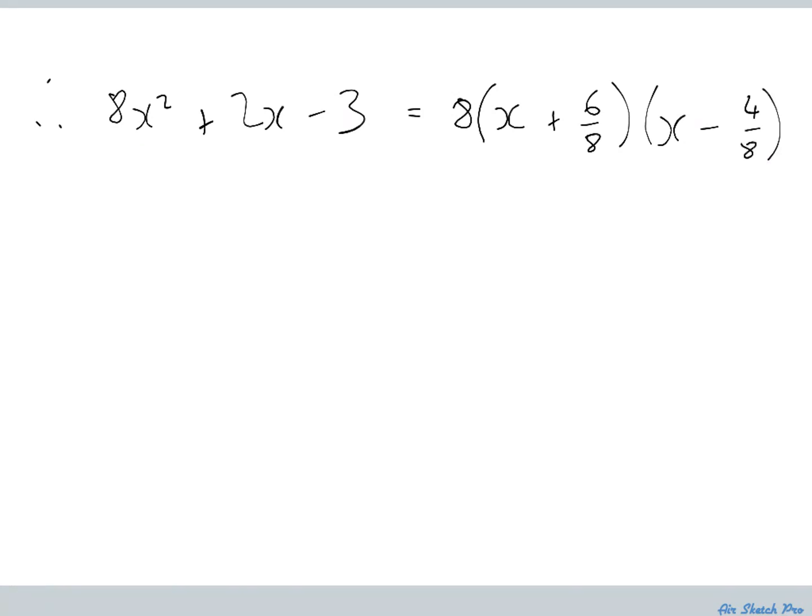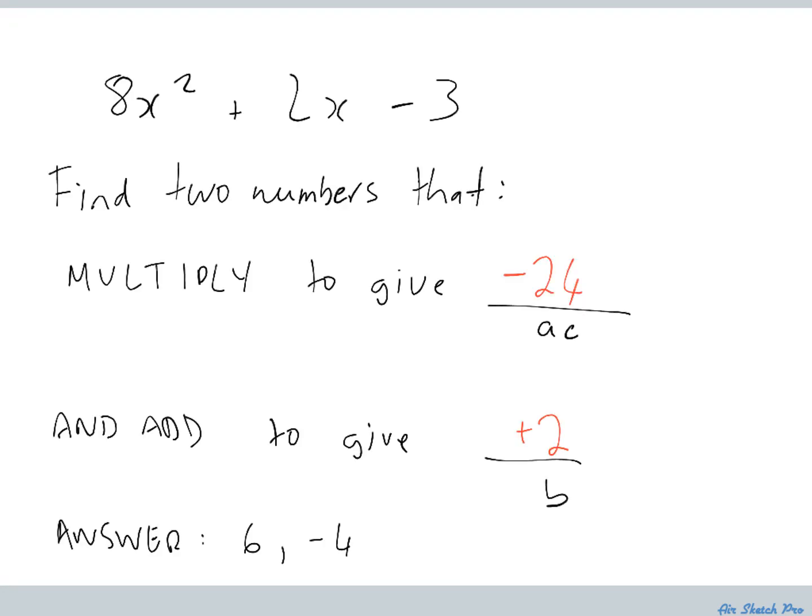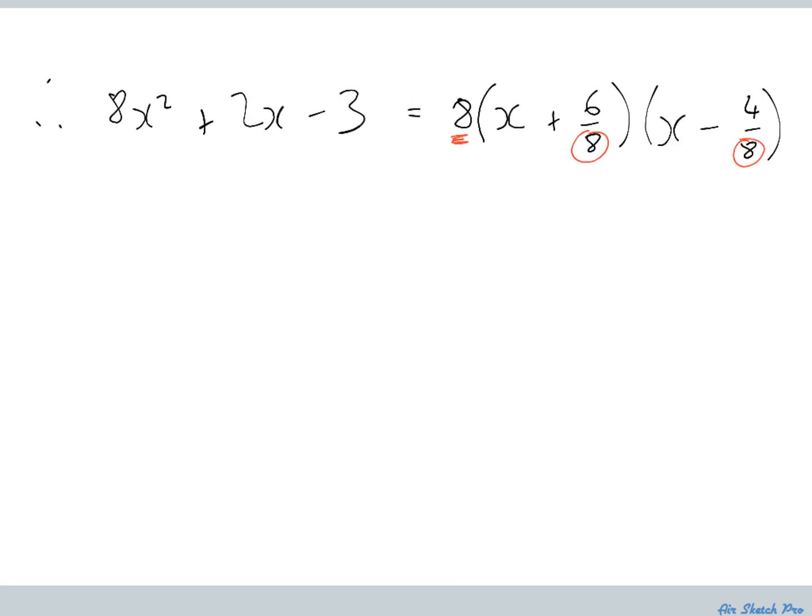So just to outline what I've done there, there's the 8, and the 8 gets repeated down here and here. The 6 and the -4 come from those two factors that we worked out before, down at the bottom there. And that is now factored.